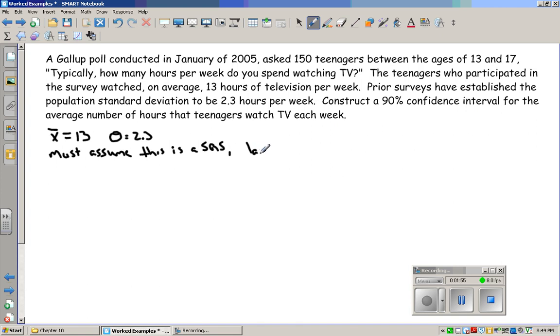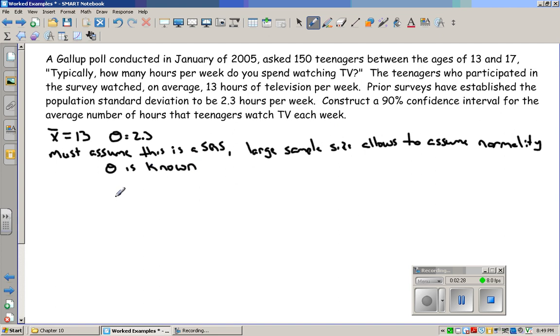So then we can say the large sample size allows us to assume normality. And finally, sigma, the population standard deviation, is known. Okay, those are our 3 assumptions.